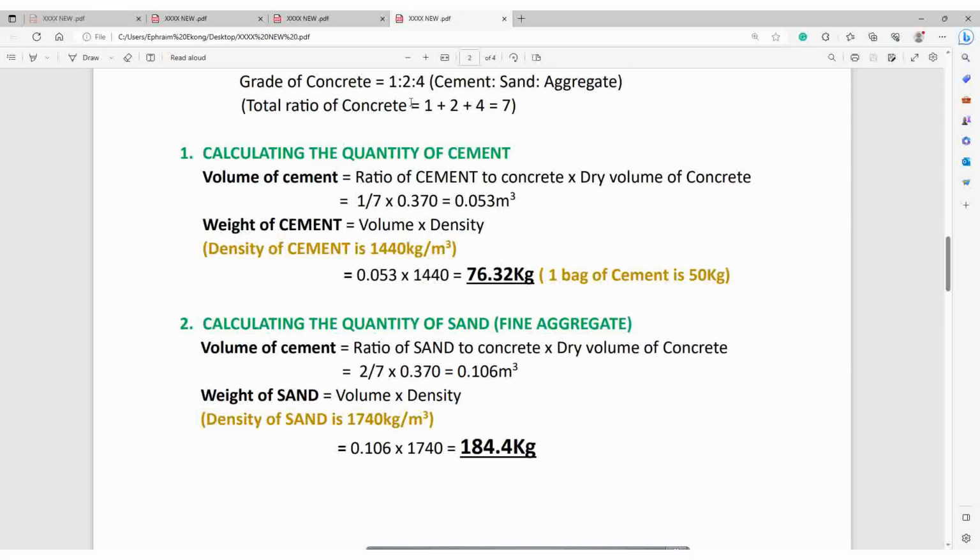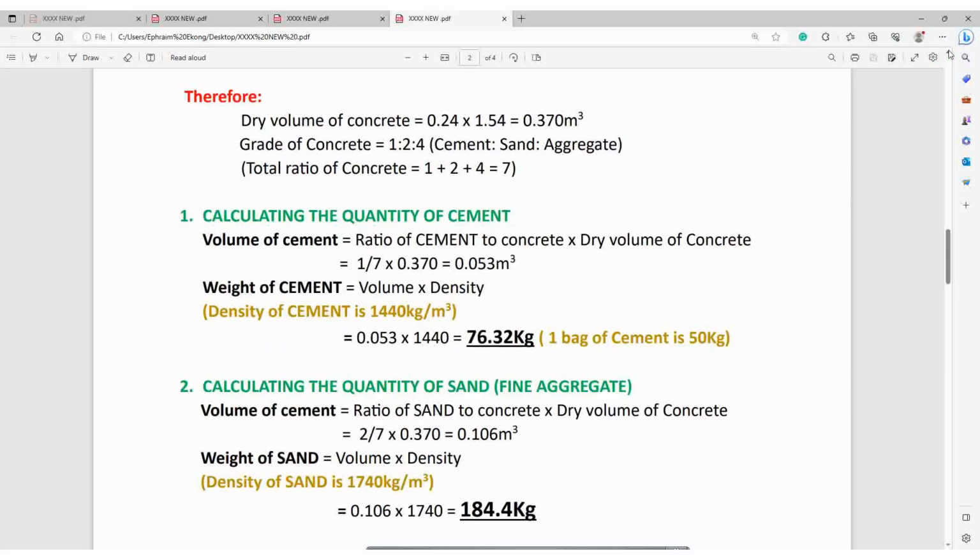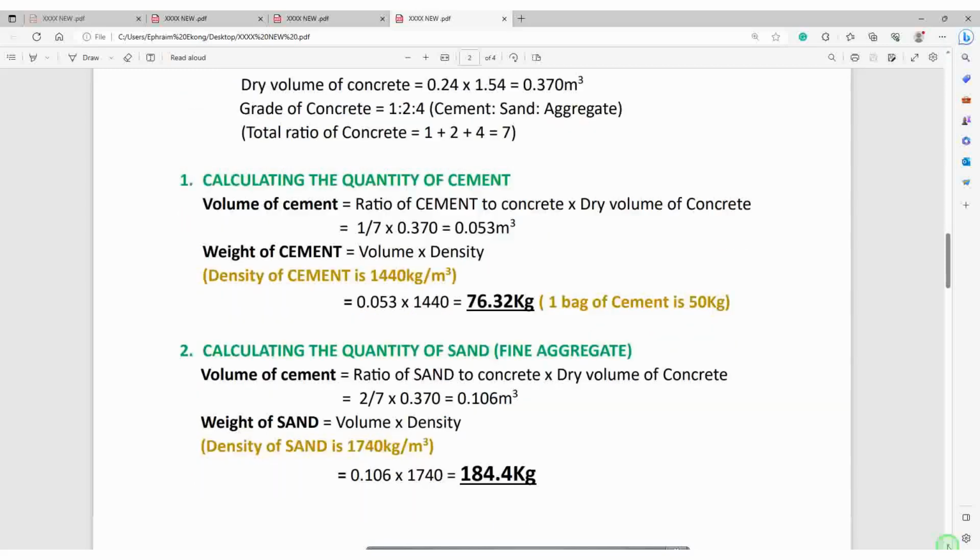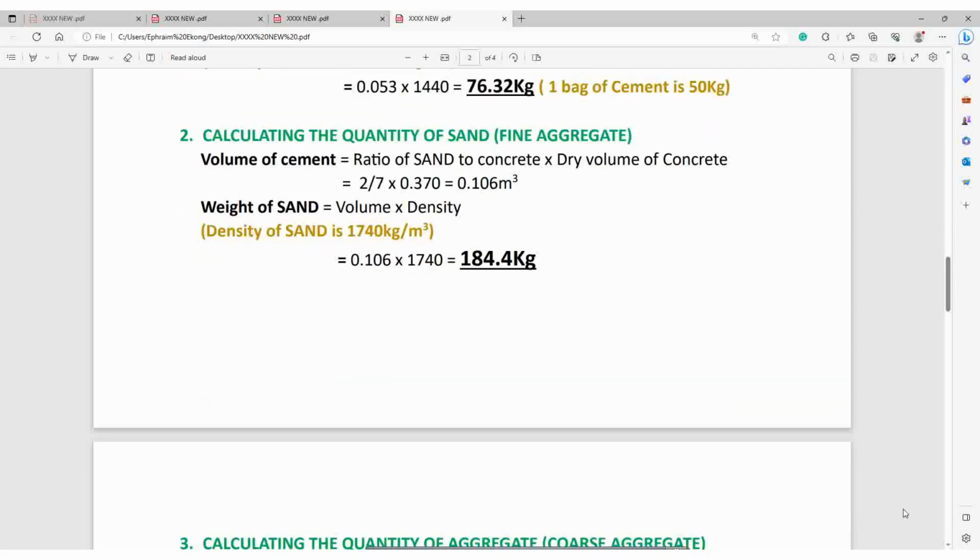The total ratio of concrete here is 7, multiplied by the dry volume of concrete, which is our dry volume of concrete, 0.370 as calculated earlier on. So we have 0.106 meter cube. That is our volume of sand.